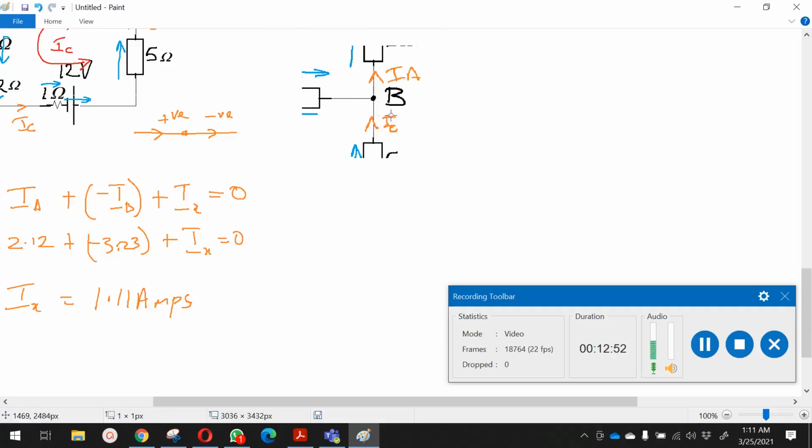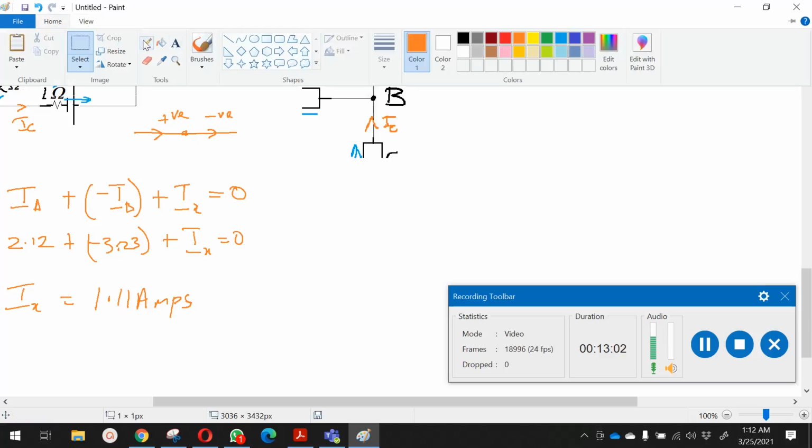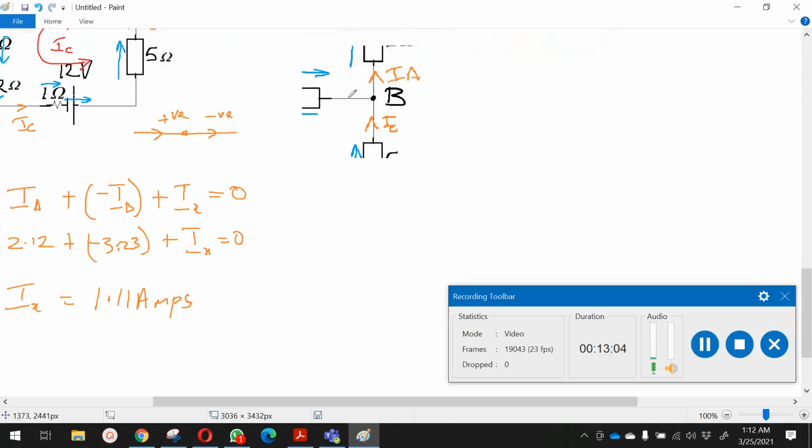IC is moving towards the junction, IA is moving away from the junction, and we want to find this current here, which we call IY. We don't know if it's towards or away, so we can't write in anything.